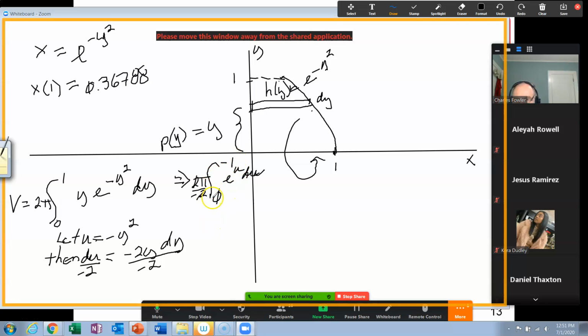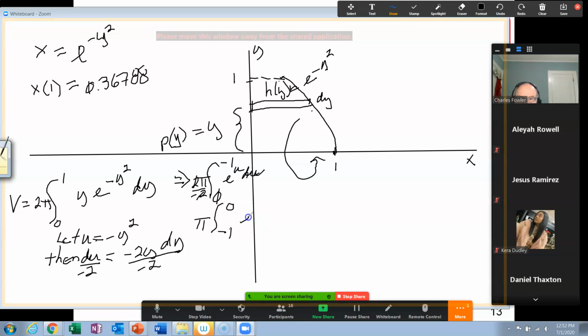So to get them back into the right order, we're going to have to negate this, but that would be wonderful because I didn't like that minus sign anyway. So that leaves us pi times the integral from minus 1 to 0, flipping the limits, of e to the u du.